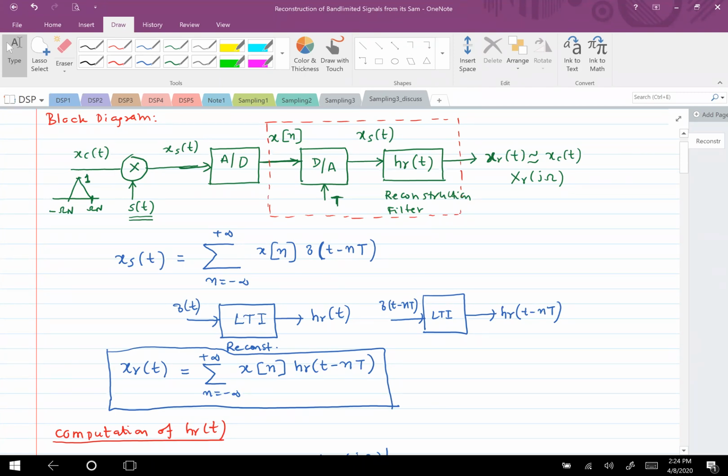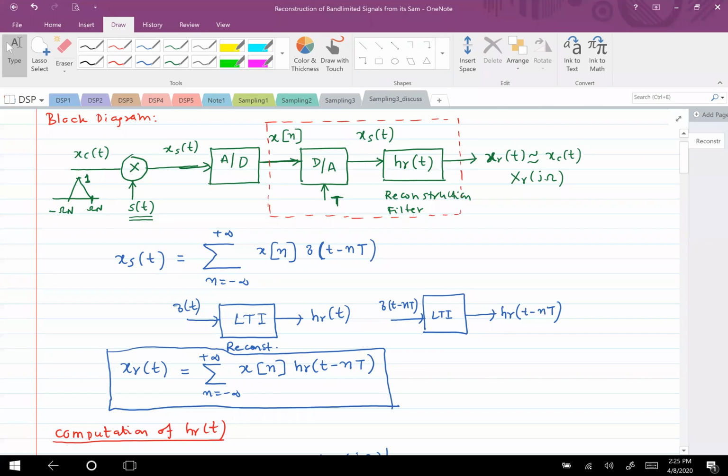Yeah, it's a good question. It's a good point. Ideally, this should be continuous. Even this clarity is missing in the Oppenheim and Schafer textbook also.